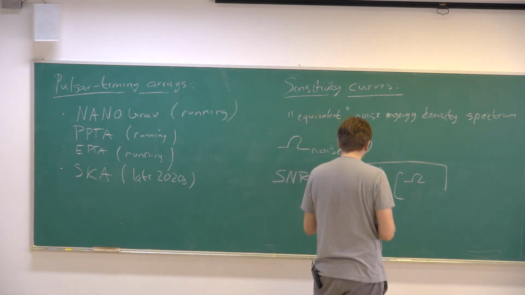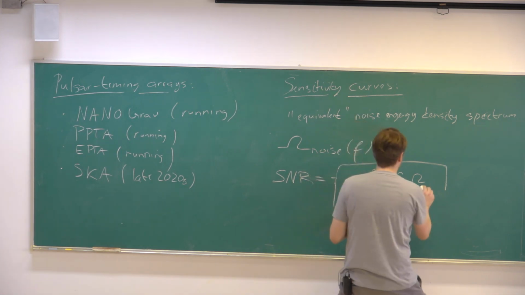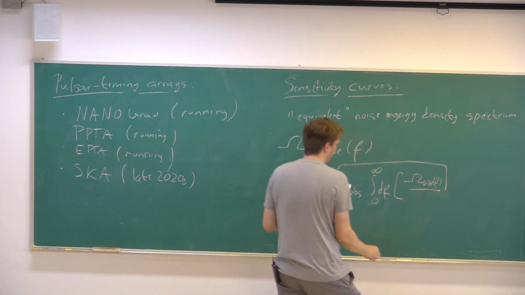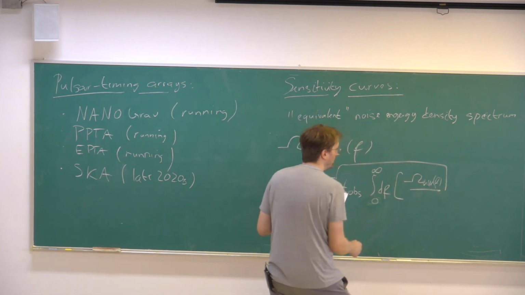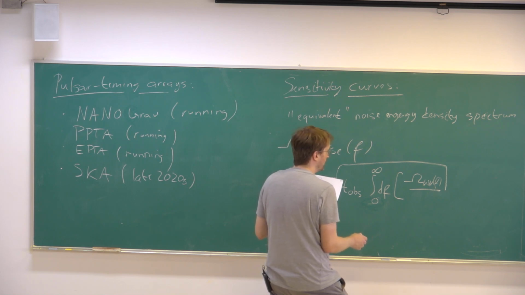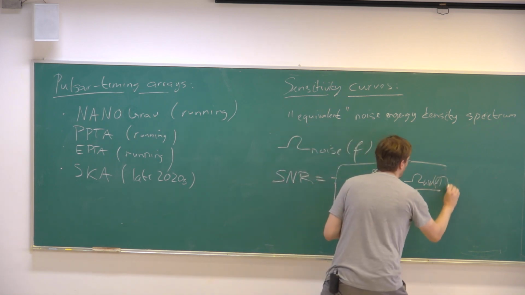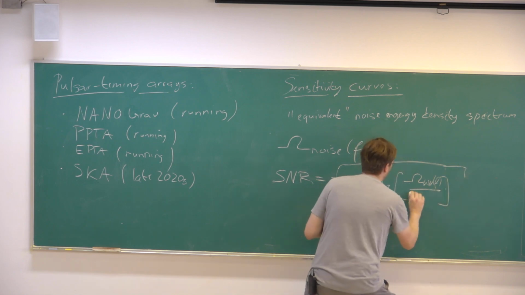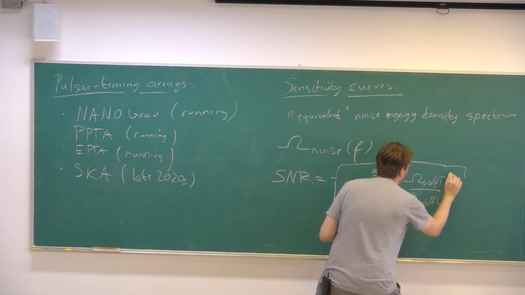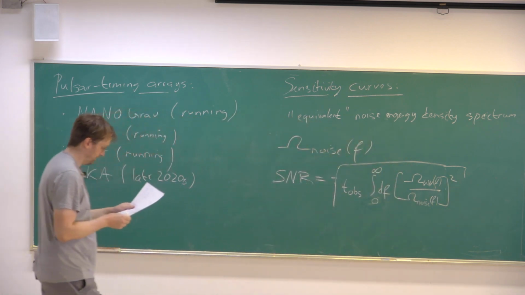You integrate over the frequencies, and what you integrate is the omega of gravitational waves, the quantity that is divided by this noise, the power noise, f squared.